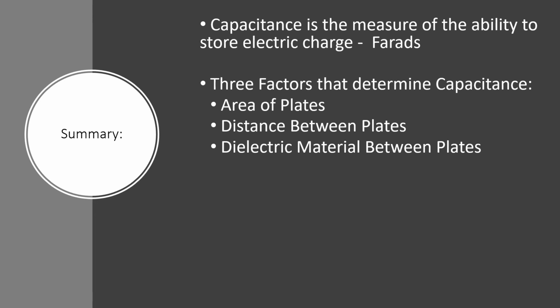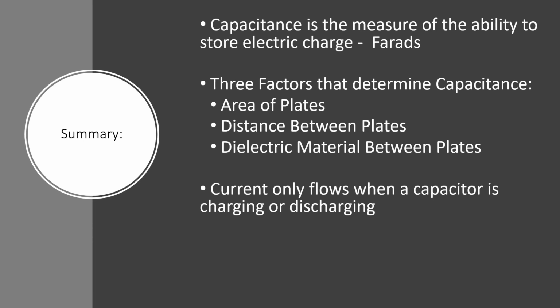The distance between the plates, where the farther the plates are away from each other, the less capacity we have. Finally, the dielectric material between the plates will determine how much voltage and how much capacity we can put on those plates.